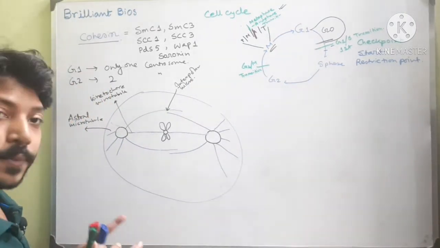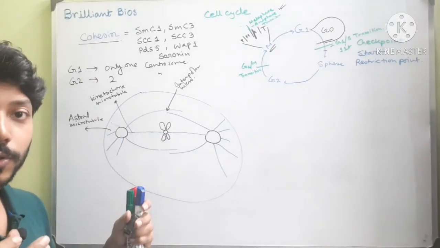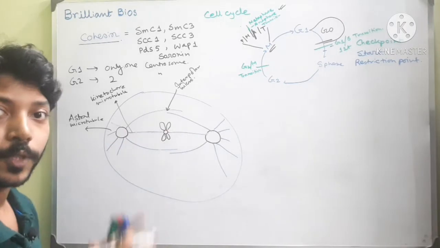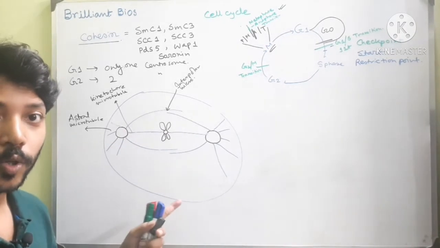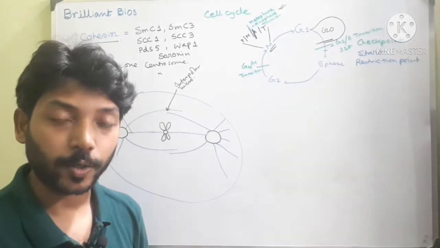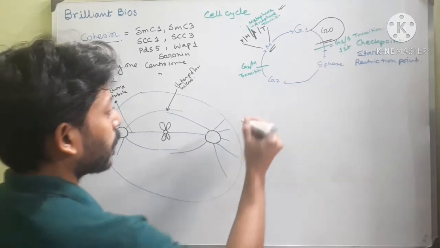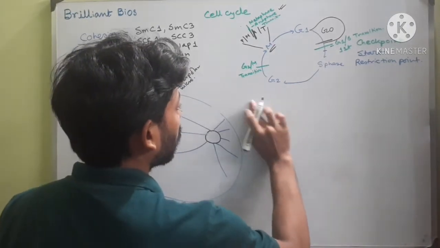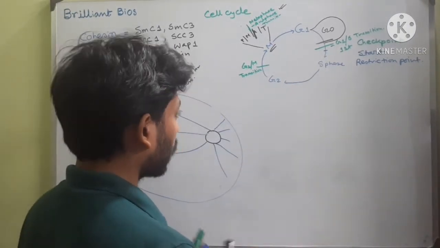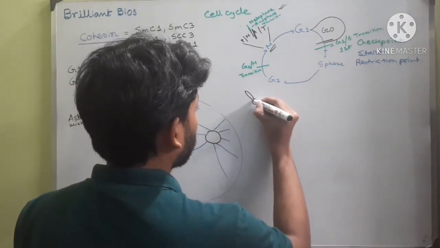Now I have shown here that the chromosome is attached with two microtubules from the two centrosomes, but this is not the only situation. There can be 4 situations of microtubule arrangement, and here the second story starts. I will draw 4 chromosomes with 2 sister chromatids each.